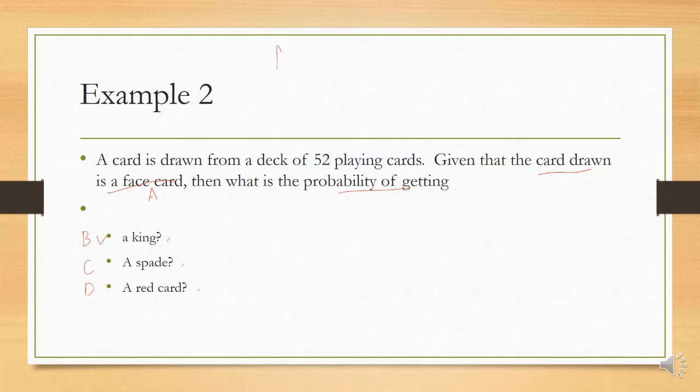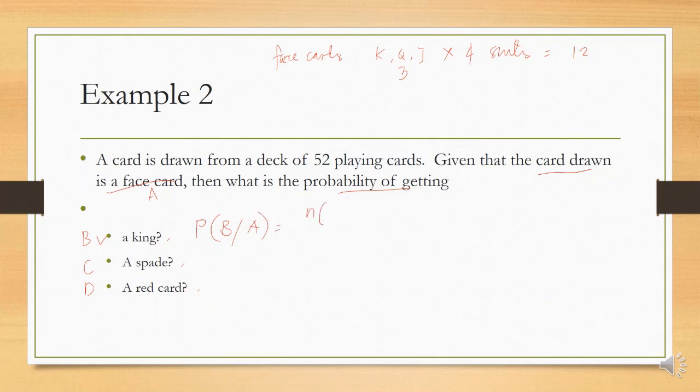So, for our face cards, let's look at them first. In face cards, we have King, Queen, and Jack. Since there are 4 suits, we multiply it by 4. So, it becomes 12. It is 3 here. Okay? Because our formula here is, what is the probability that we will get a king given that our card is a face card?